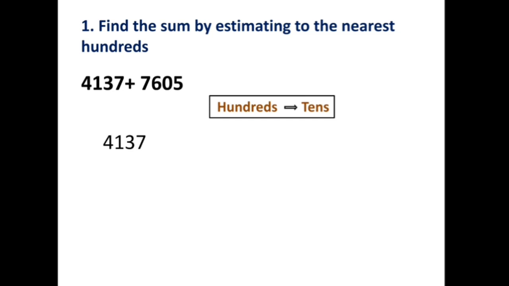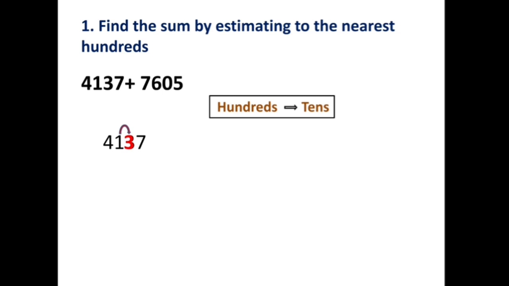In 4137, 7 is in ones place, 3 is in tens place, 1 is in hundreds place, 4 is in thousands place. So we need to check tens place. Here the tens place value is 3. Now we have to do the comparison between 3 and 5.